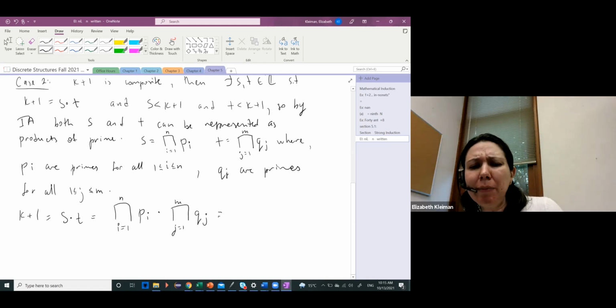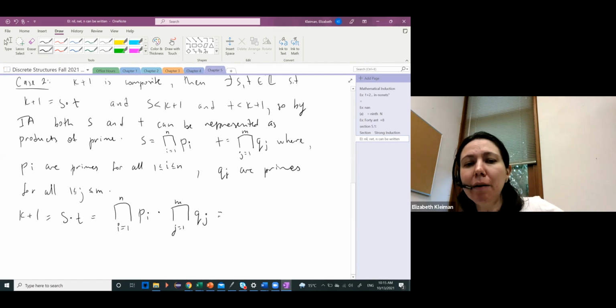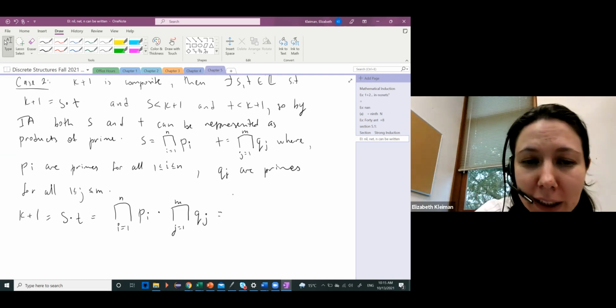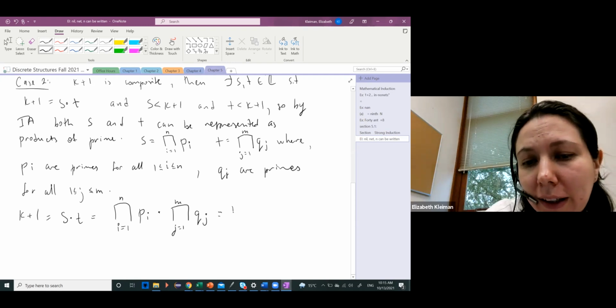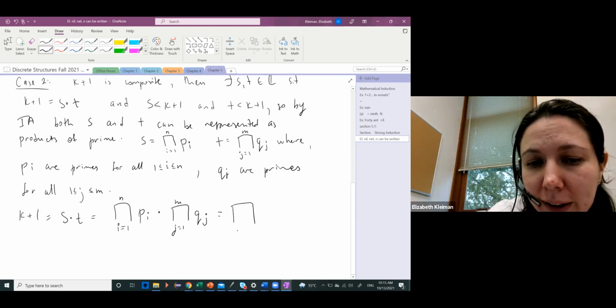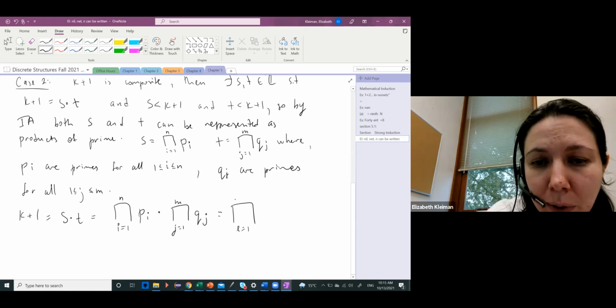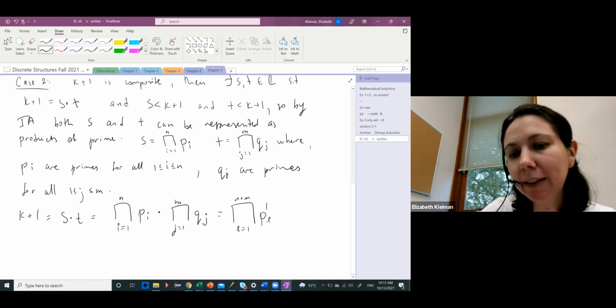But actually, let's think about it. Each of those p's and each of those q's is a prime, correct? So I literally now have a product, correct? It is still multiplication between all of them, correct? So I literally have, in sigma notation, I can call it the product over i, j, k, l from 1 to n plus m of p prime, else.